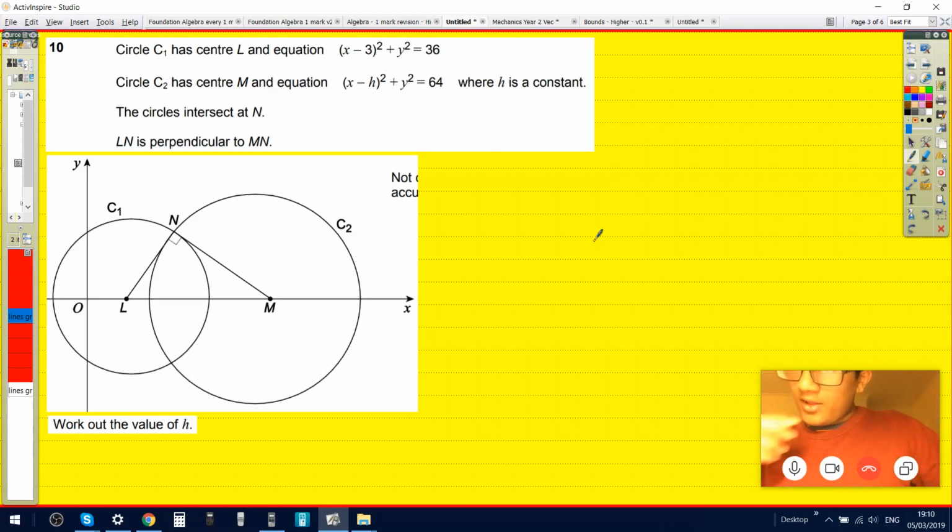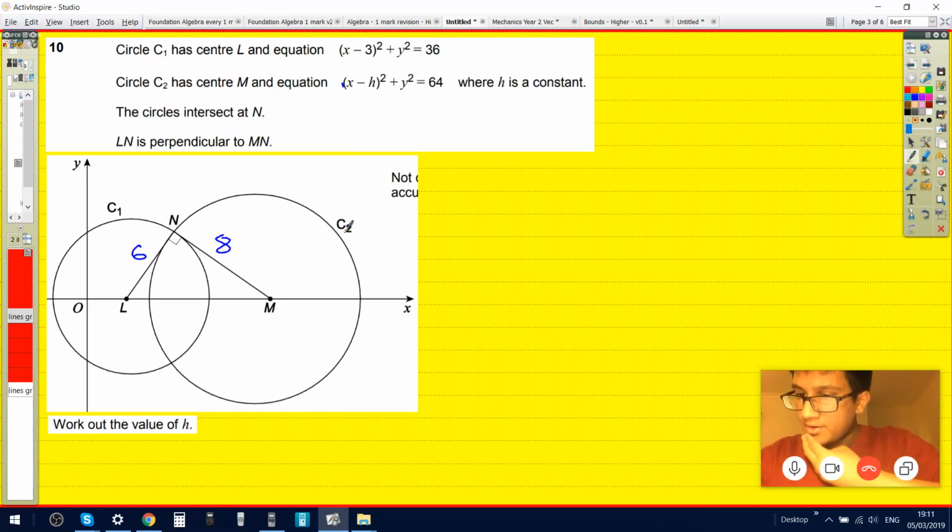Okay, so I got LN equals 6. I marked it, and then I marked NM equals 8. And you can use Pythagoras. You know that it'll meet at 90 degrees. You know that LM is 10 if you just do root of 6 squared plus 8 squared. And I got x minus 3 squared plus y squared equals 36, because I was just using the rule x squared plus y squared equals r squared.